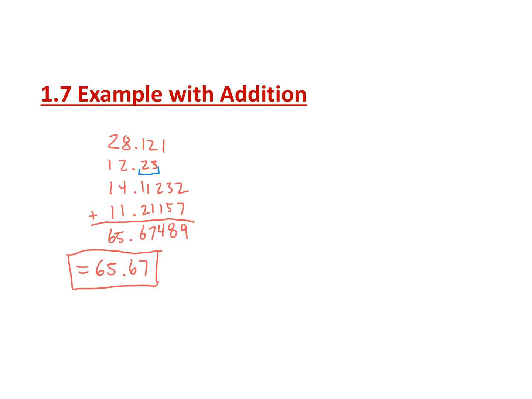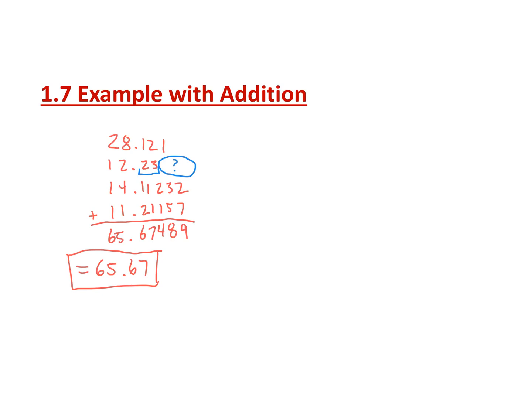And the reason being that in addition and subtraction, right? In this case, I do not know what is out here, right? By saying 12.23, I'm guessing at the 3. I don't know what number is next in that measurement. Is it a 5? Is it a 7? Is it a 9?